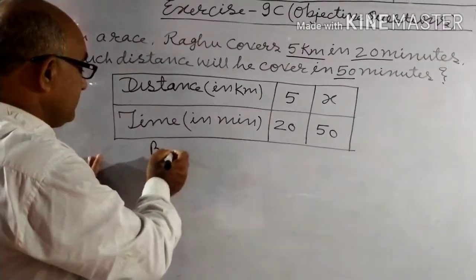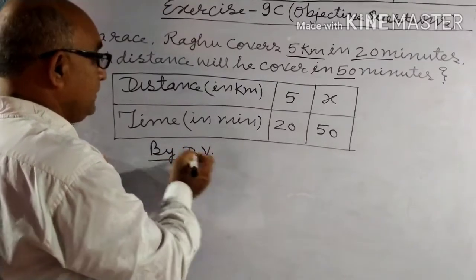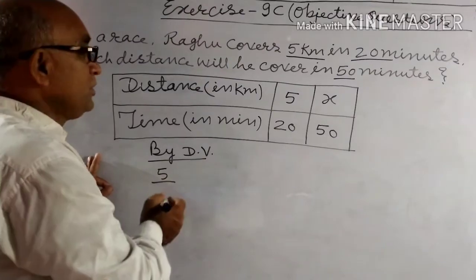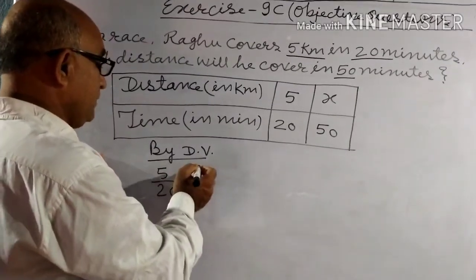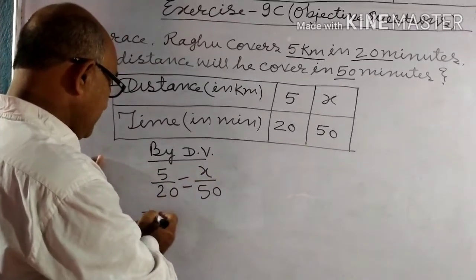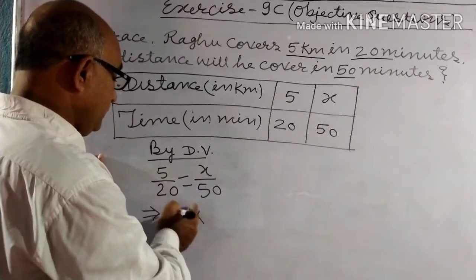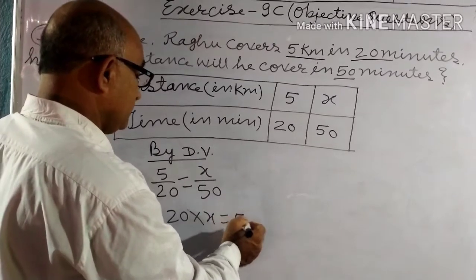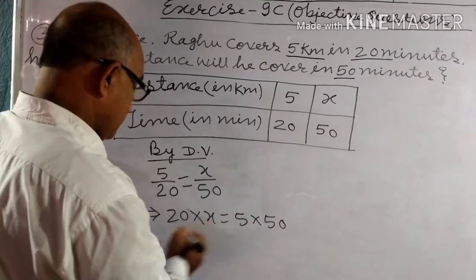By direct variation, ratios are equal. So 5 by 20 equal to x by 50. By cross multiplication, 20 into x equal to 5 into 50.